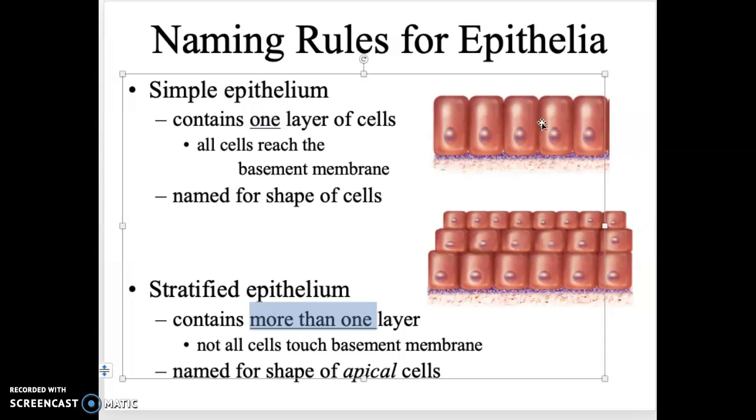Then they also get named based on the shape of the apical cells. So these cells are a little columnar shaped. They look like columns, so we'd call this simple columnar epithelium. Versus these cells are more cube shaped and there are lots of rows, so we call this stratified cuboidal.